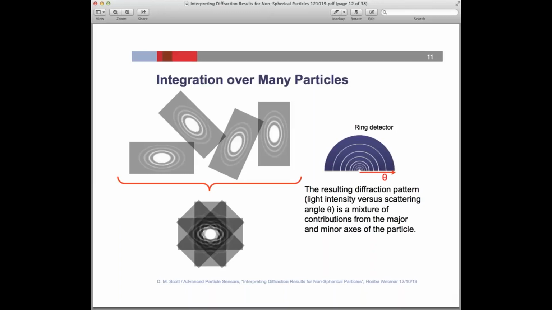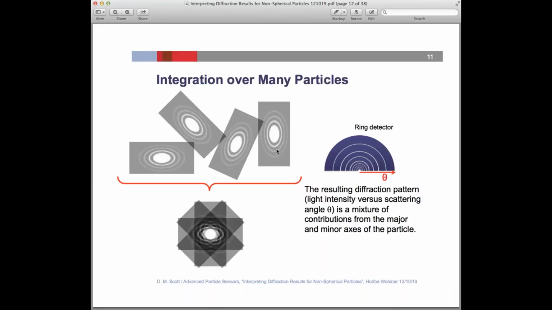All of these particles have their own intrinsic laser diffraction pattern, and I've shown 4 here. You can see these shadow images are basically diffraction patterns. They're all for an ellipse, and because the ellipses are going to be in different orientations, they're all perpendicular to the laser beam, but they're not all necessarily in the same direction.